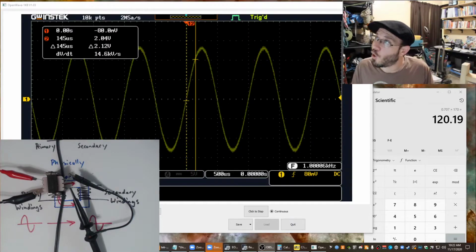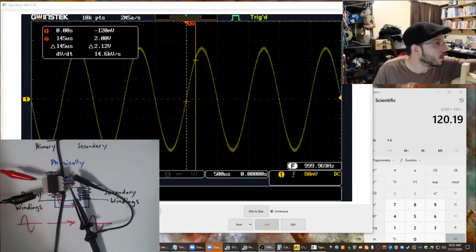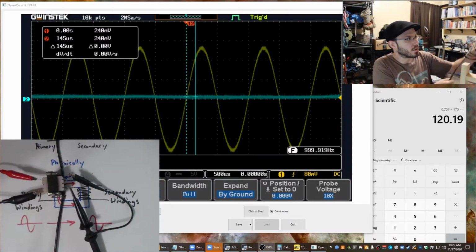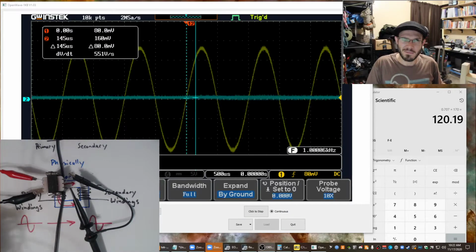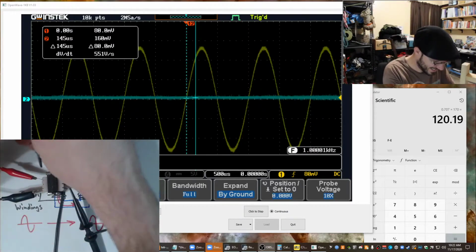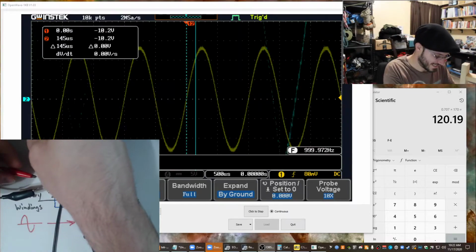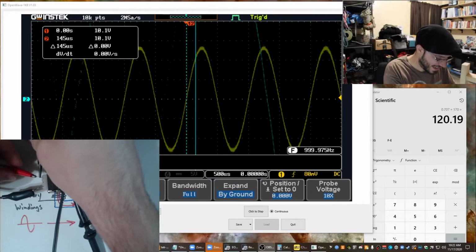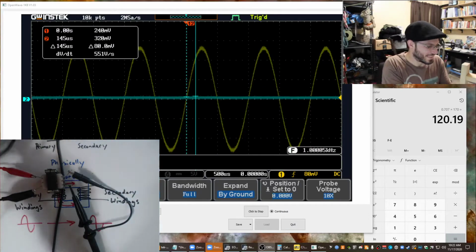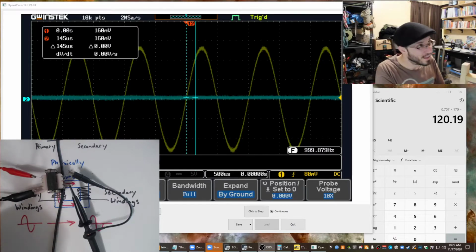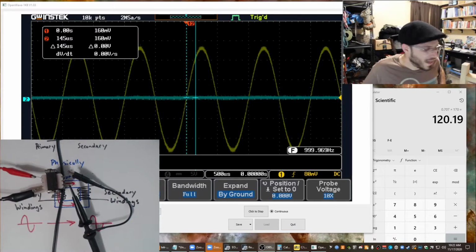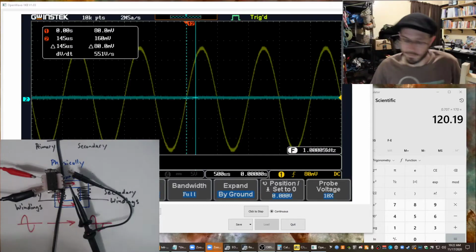Now let me go ahead and start up another probe. Oh, I might not be able to do this. Yeah, I can't. Unless I hook up another probe, I could. Actually, that's going to take too long. Okay, never mind.